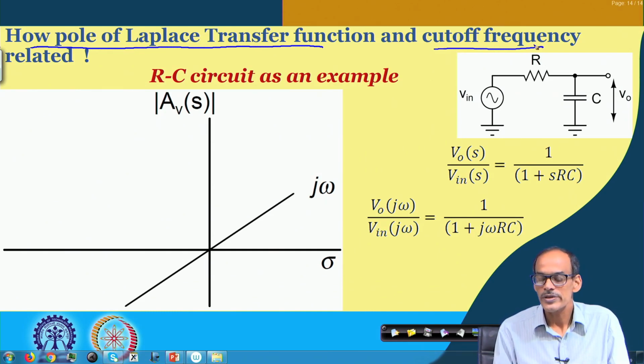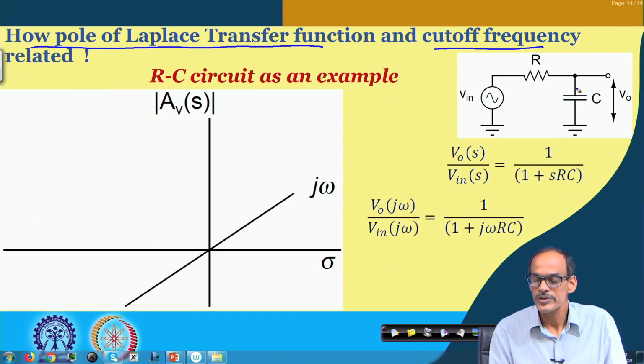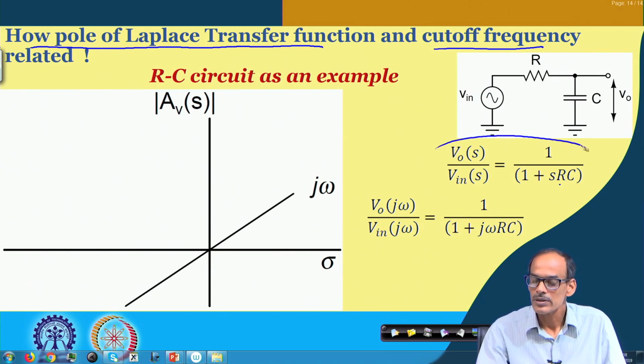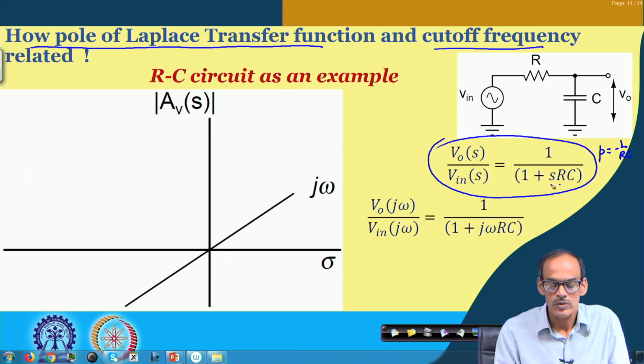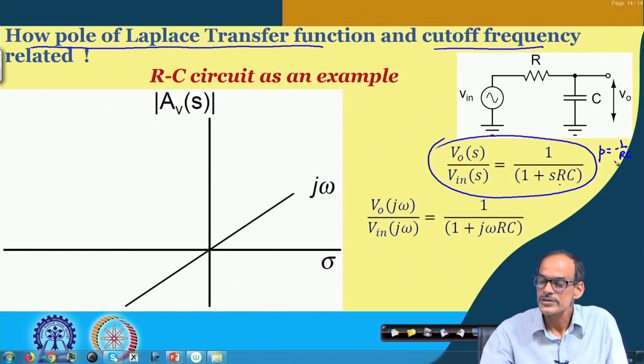Let us consider this simple RC circuit, which has one pole, and the location of the pole is P equals minus 1 by RC, which means that at S equal to minus 1 by RC, the magnitude of the transfer function is going to be infinite.